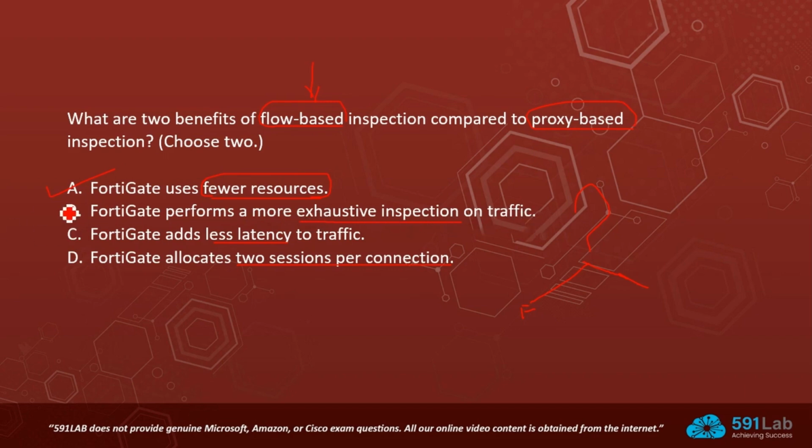No, this one is incorrect. Answer C, FortiGate adds less latency to traffic. Yes, this one is also correct. Answer D, FortiGate allocates 2 sessions per connection. No, this one is incorrect. For this question we can select answer A, FortiGate uses fewer resources, and answer C, FortiGate adds less latency to the traffic. These are benefits of flow-based inspection.